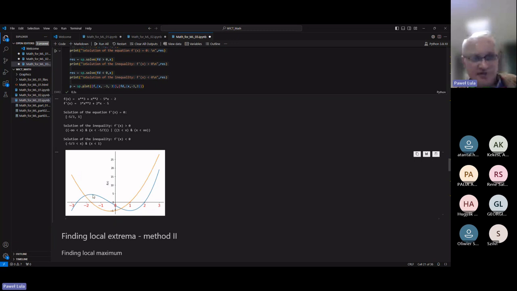So on the left, the function was increasing, on the right, the function was decreasing, because when the derivative is positive for these x values, our function is increasing. A function is increasing when the first derivative is positive.